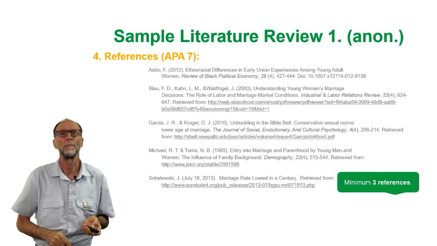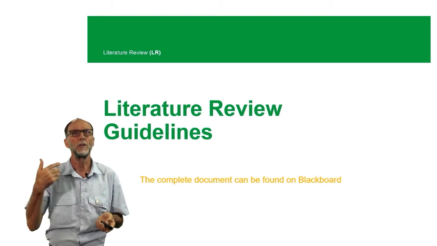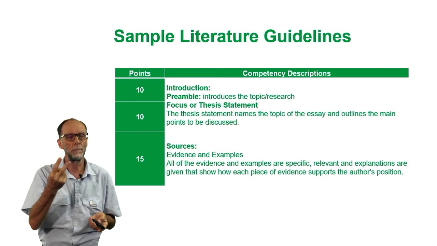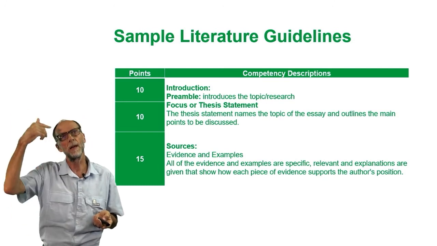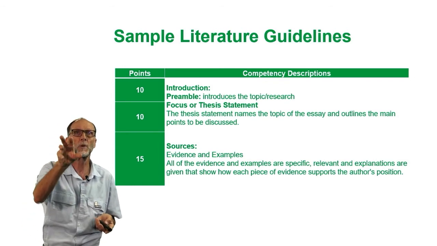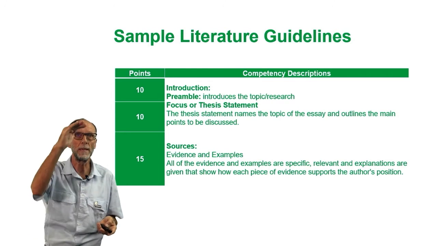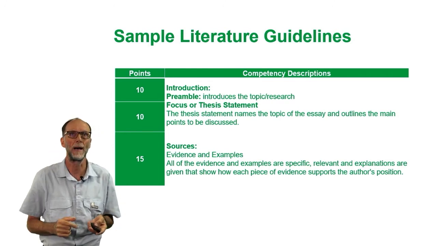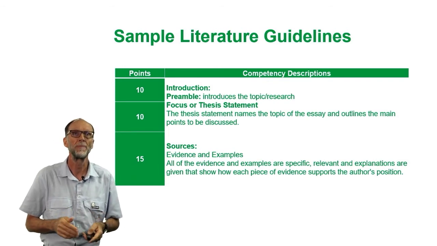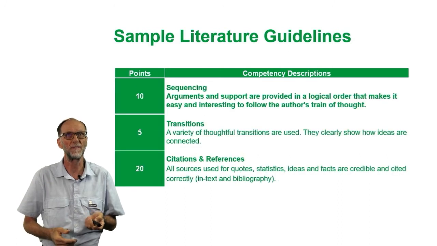Okay? Now, all this information you can see here, you will find on Blackboard in basically 2 files. One file is the example of the literature review I've just shown you, and the second one here are the guidelines or the rubric. And so here you can see the points for each part. 10 points out of 100. 10 points for the preamble, 10 points for the focus. Then the source of the information is 15 points.